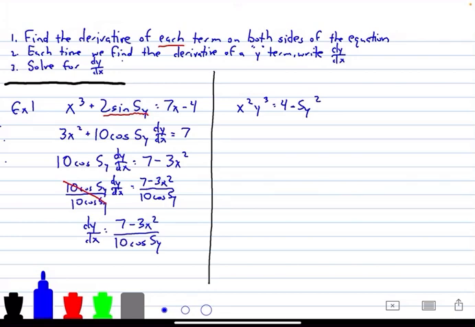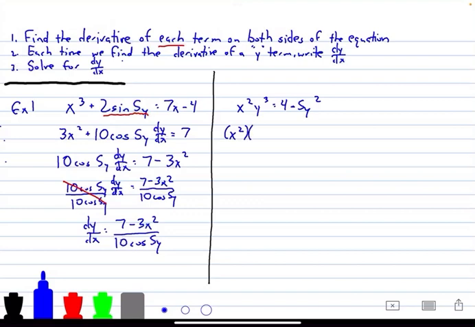So the first thing we need to do is we need to use the product rule. Now remember what the product rule says. First times the derivative of the second term plus the second term times the derivative of the first term. So let's write this out. We're going to have the first term, which is x squared, and the derivative of the second term.